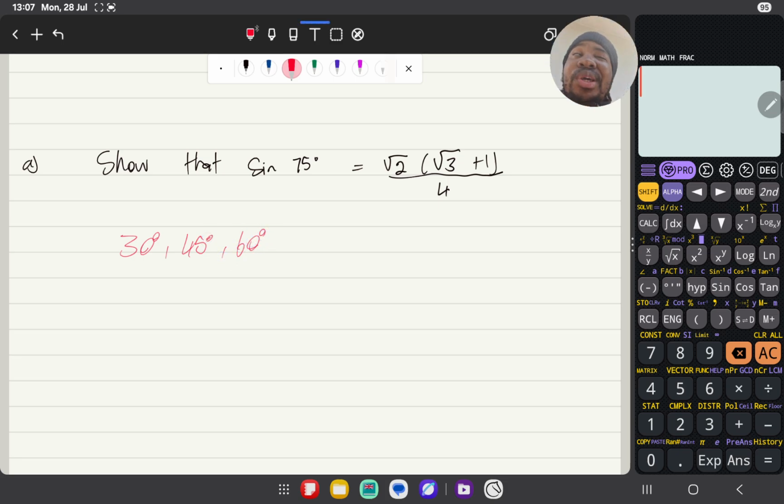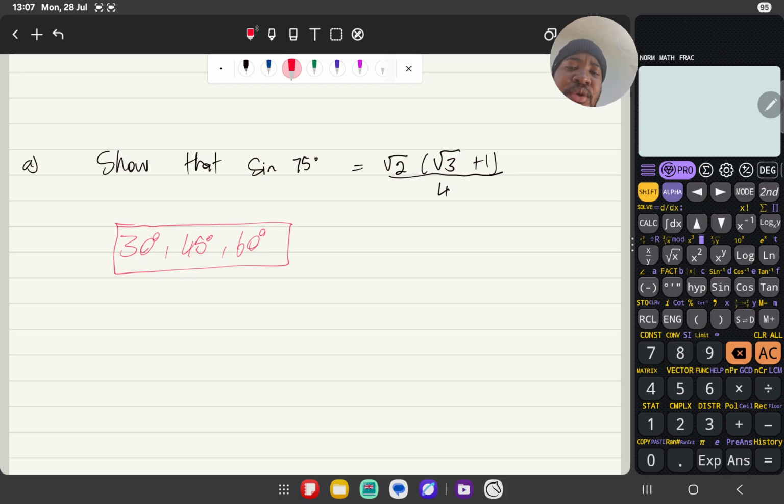We can include 90 as well if you want. Whenever we're talking about special angles, you look at this sine and ask, is there any way in which I can write 75 in the form of special angles?